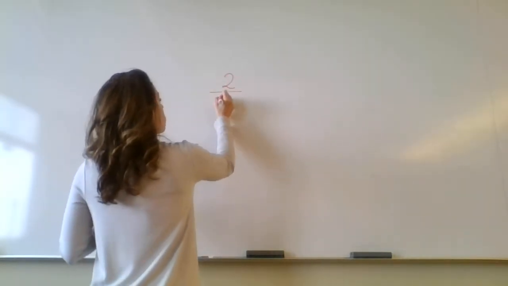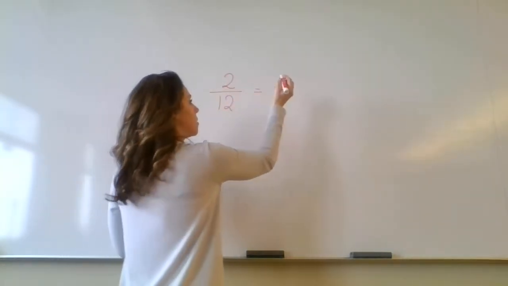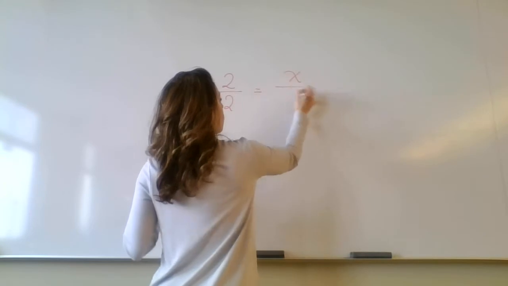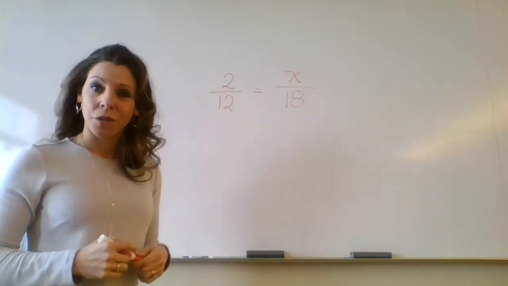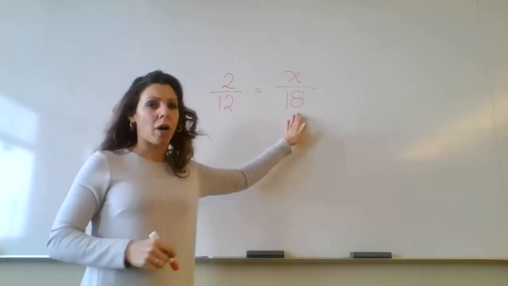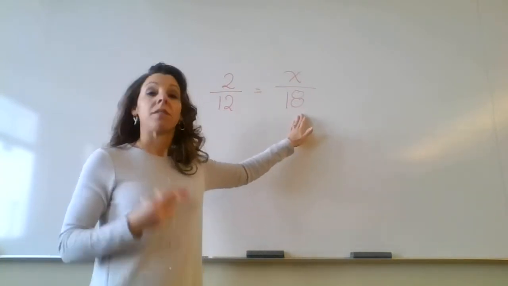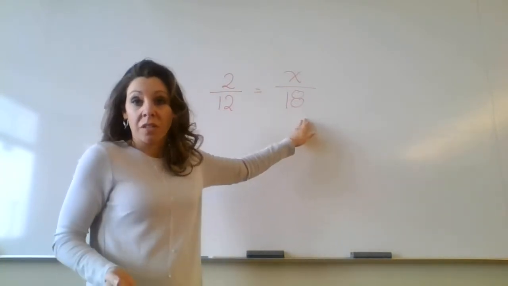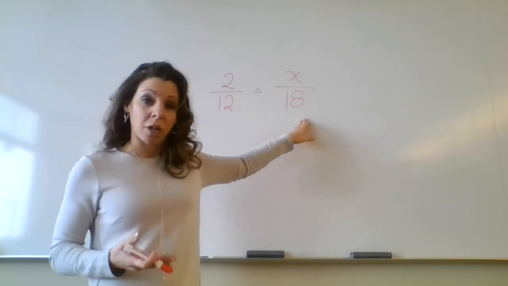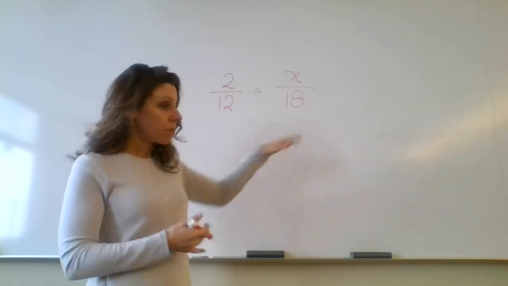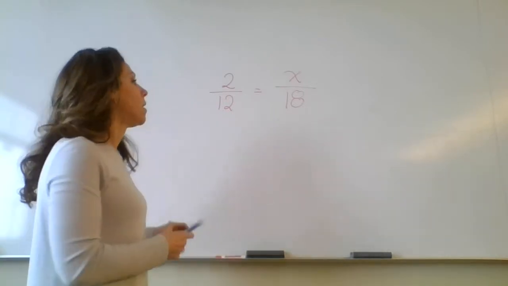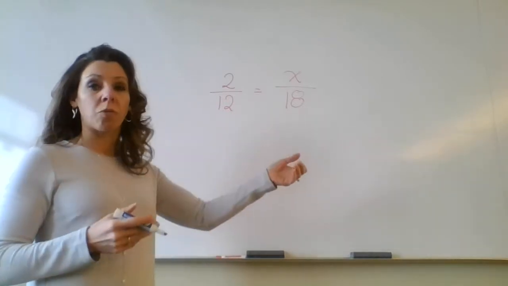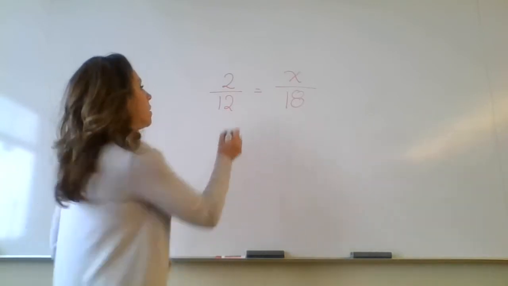What if we have 2/12 equals x over 18? Well, this one maybe isn't quite as clear for students. 12 times what is 18? Some of them might be able to find that pretty easily, but some might really struggle because it's not a whole number. So this is where we can use the idea of cross products to help us out. My cross products have to be equal if the proportions are equal.